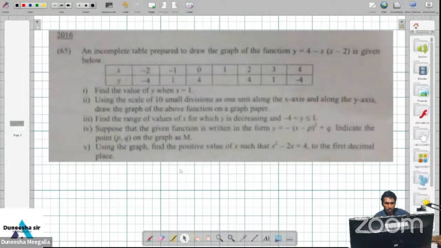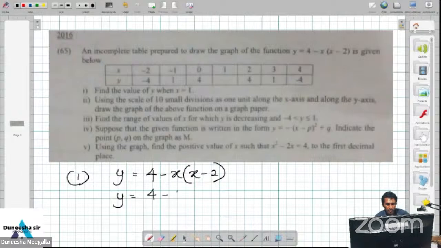Did you get the answer for the first one? The function is 4 minus x multiplied by x minus 2. Then what is the answer for the blank?